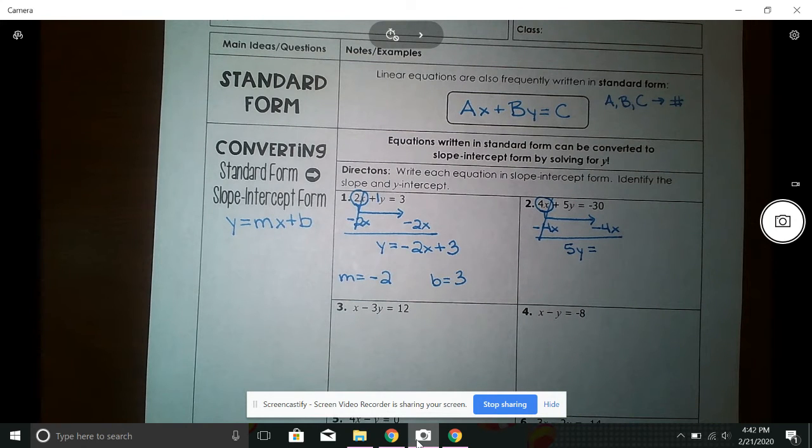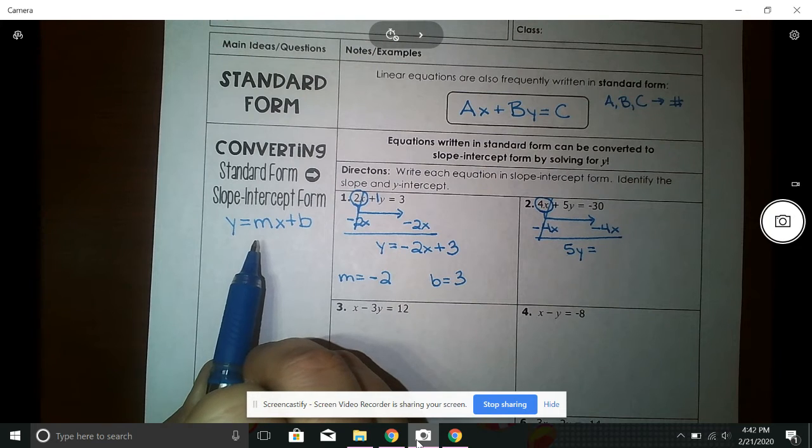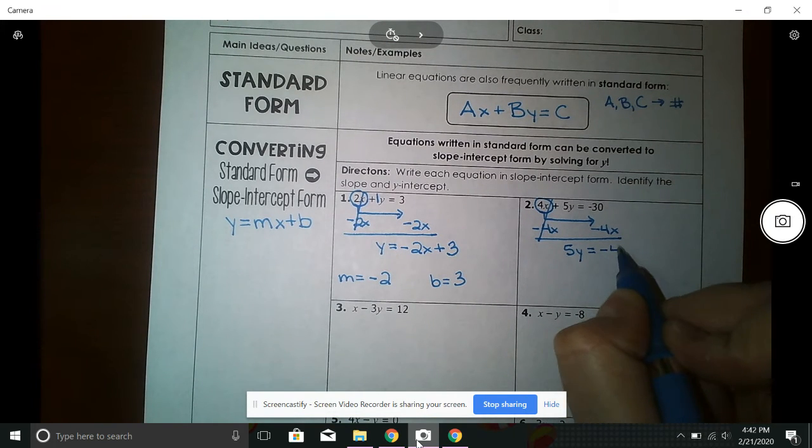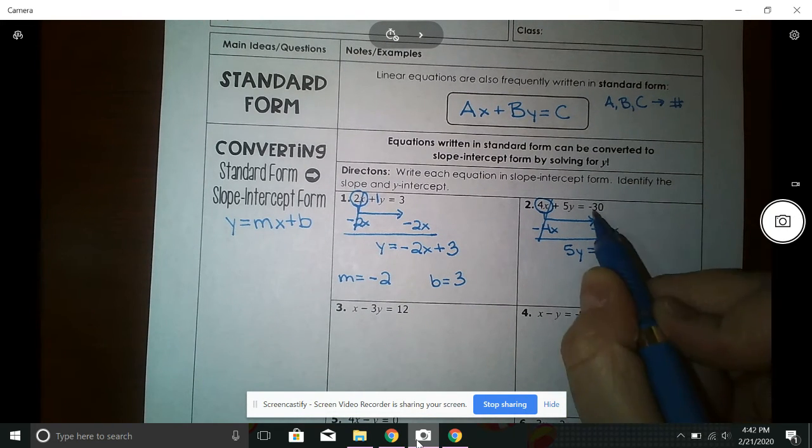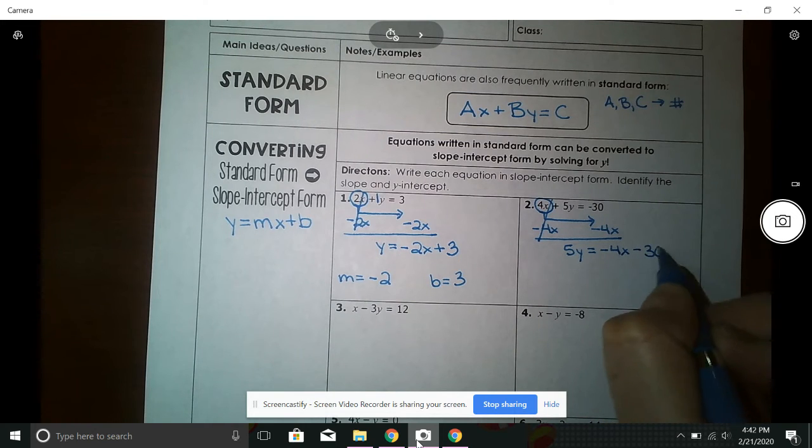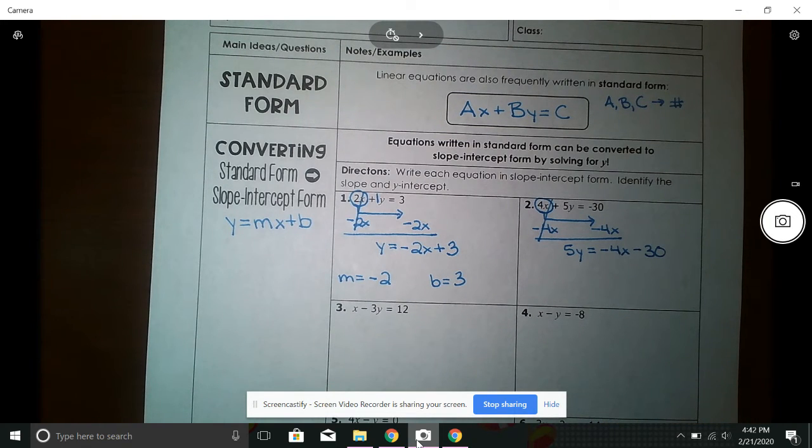Now again, think through what you want to do here. You want it to look like mx plus b, so I'm going to put the negative 4x first and the negative 30 second so that I'm following the y equals mx plus b pattern.